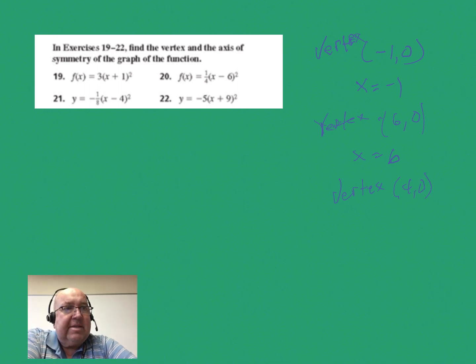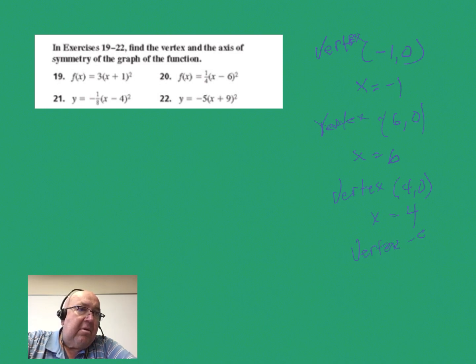And our axis of symmetry is going to be x equals 4. 22, we're going to have our vertex is negative 9 and 0. And our axis of symmetry is x equals negative 9.